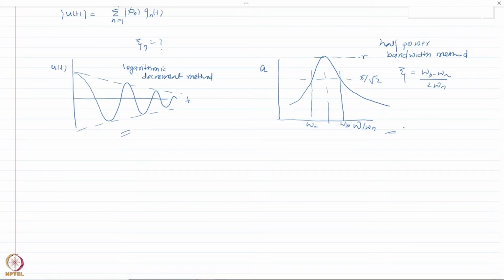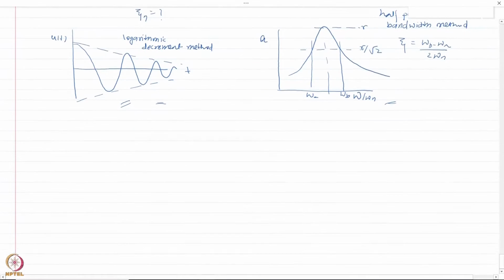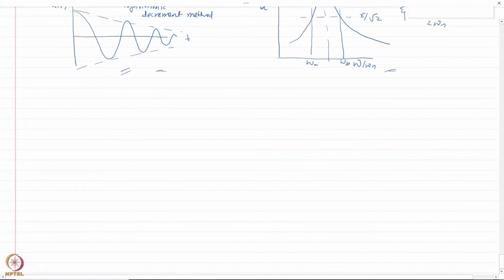We need to adapt these methods a little bit to find the damping of a multi-degree of freedom system for a particular mode. The limitation is that typically we cannot find the damping of all the modes, but maybe only for the first mode. And why is that?